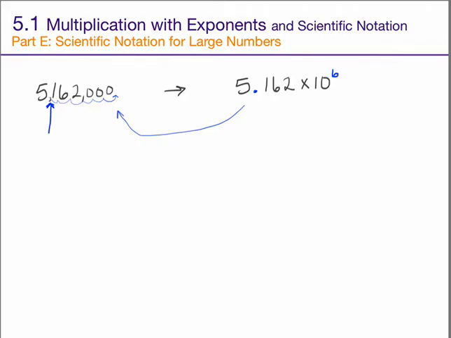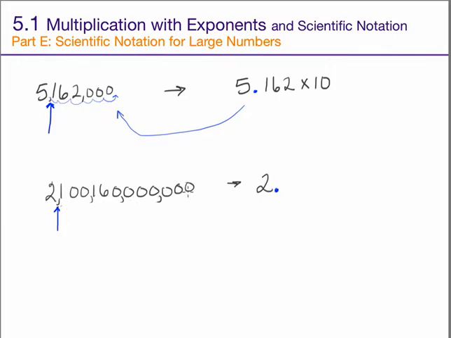Let's try another one, just like that. How about the number 2,160,000,000? Okay, first of all, let's find the position for our decimal point. It has to go in this position here when I start to write out my number. So I'm going to have 2 point followed by any significant numbers.